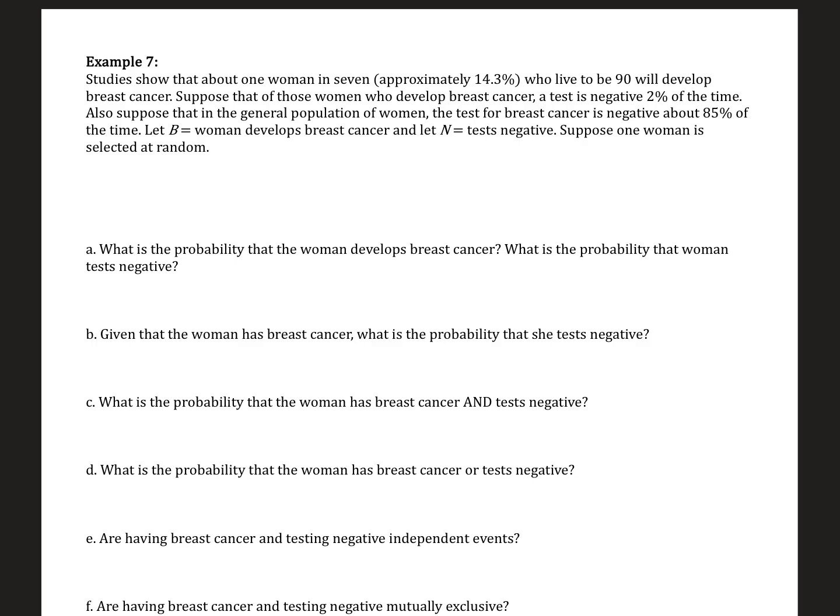So what is the probability that a woman develops breast cancer? So the probability of B is what? 0.143, 1/7, doesn't matter how you put it. What is the probability that the test is negative? Just the probability that the test is negative. 0.85.